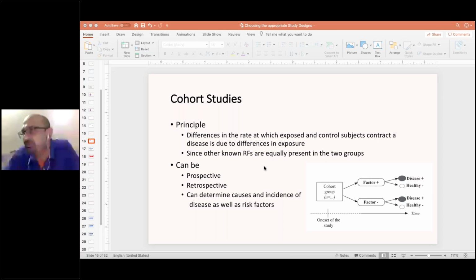We compare the rate in exposed versus the non-exposed groups, and we would get what we determine as the relative risk, which we were discussing in the previous slide, and we would know what is the measure of association in a cohort study.